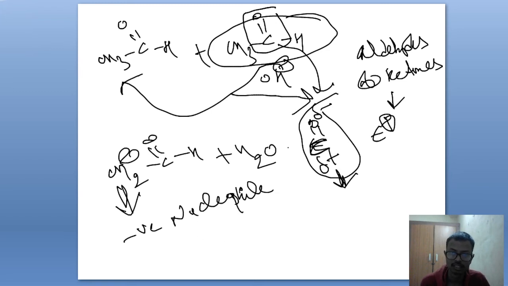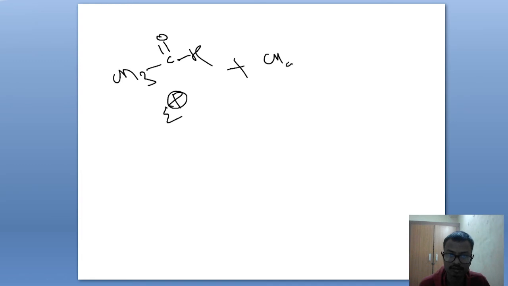Now I am going to the next slide. See, in the same container we have this electrophile and this nucleophile. Electrophile and nucleophile react with each other.